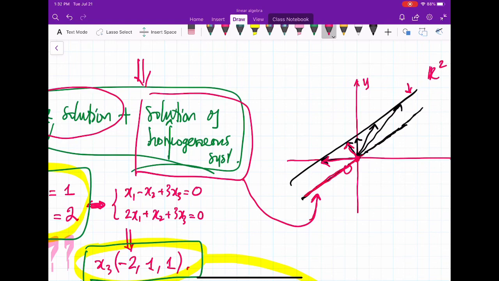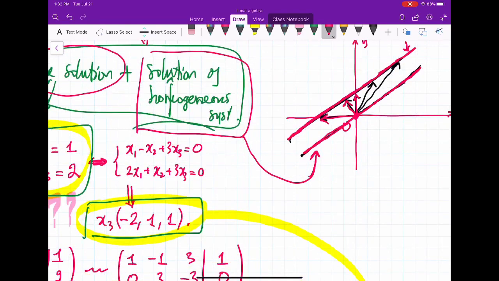You see this? A homogeneous system always has a solution. That is trivial. So whatever you have should contain the zero, the origin. And then if you have some vector, meaning some particular solution, you may shift your solution set of the homogeneous system by that vector, and you get the general solution of the original system.